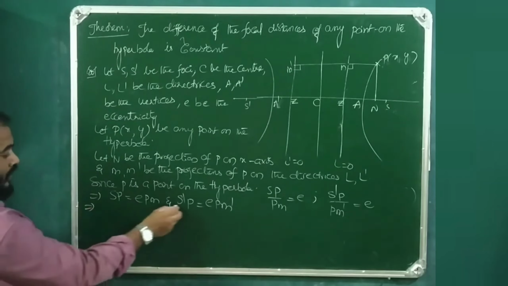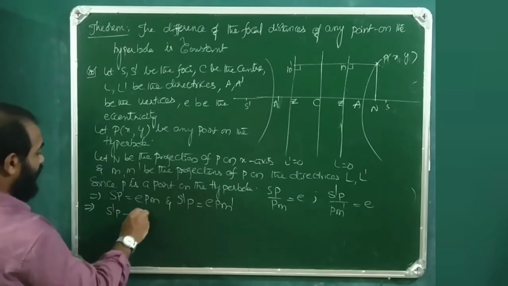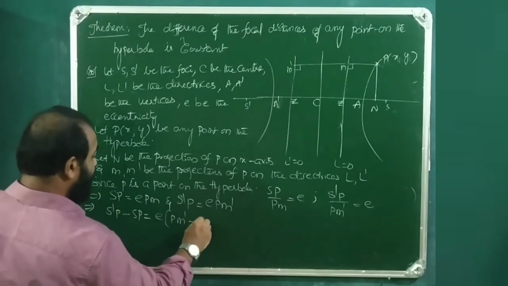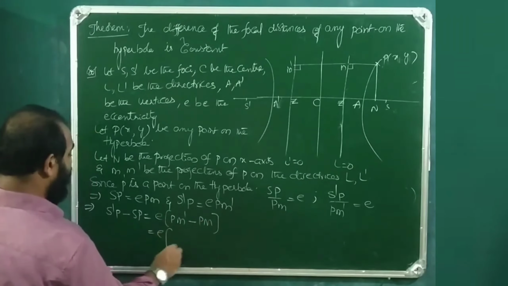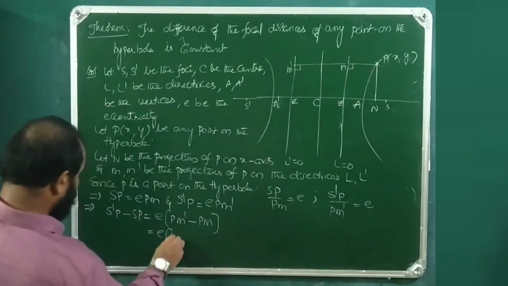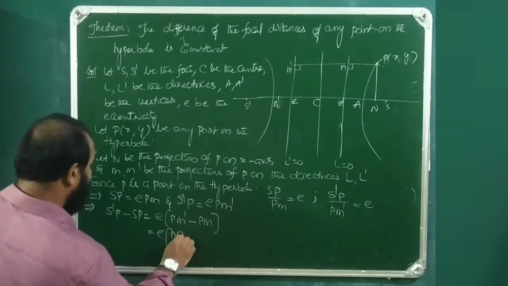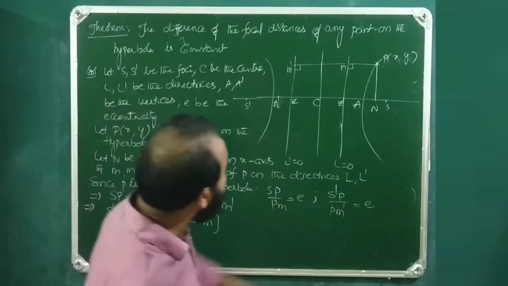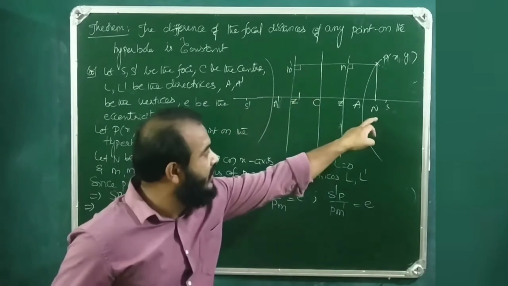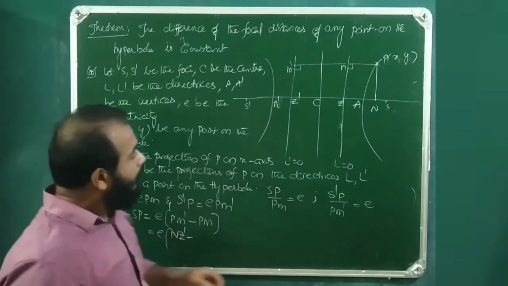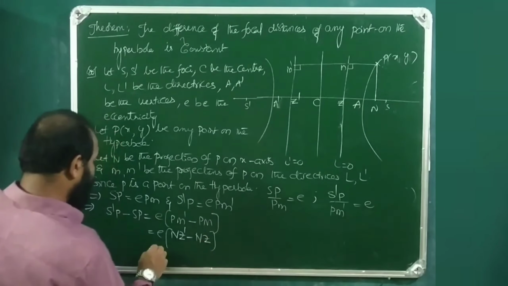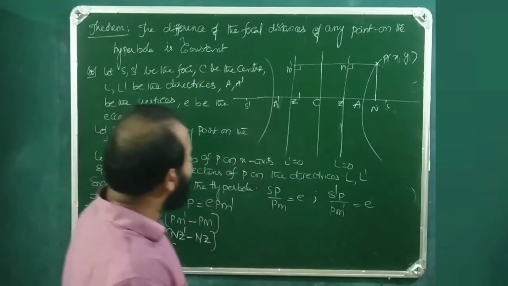Now S dash P minus SP equals e PM dash minus e PM. PM dash equals NZ dash, and PM equals NZ. So e into NZ dash minus NZ.